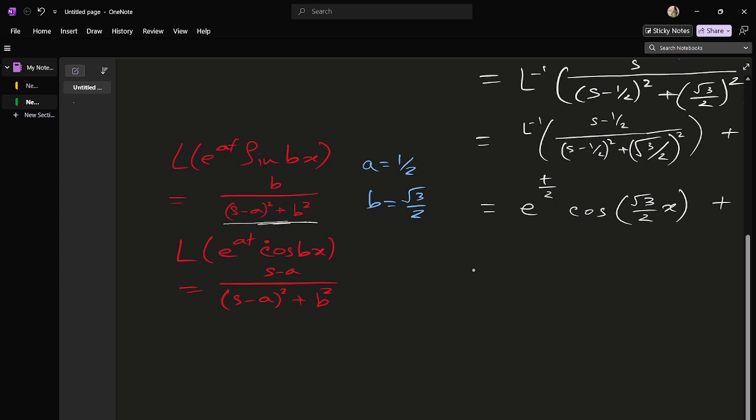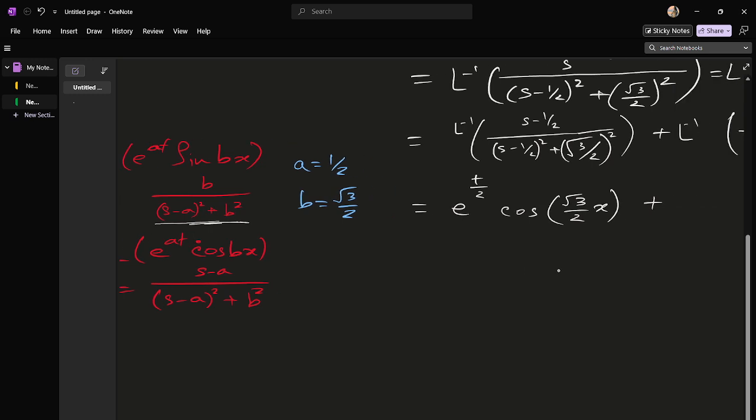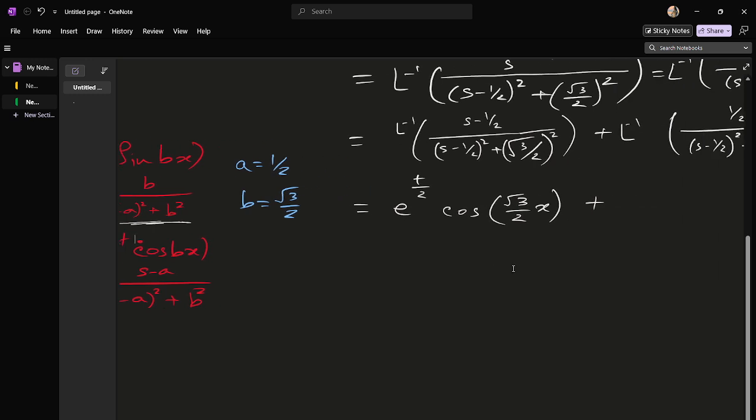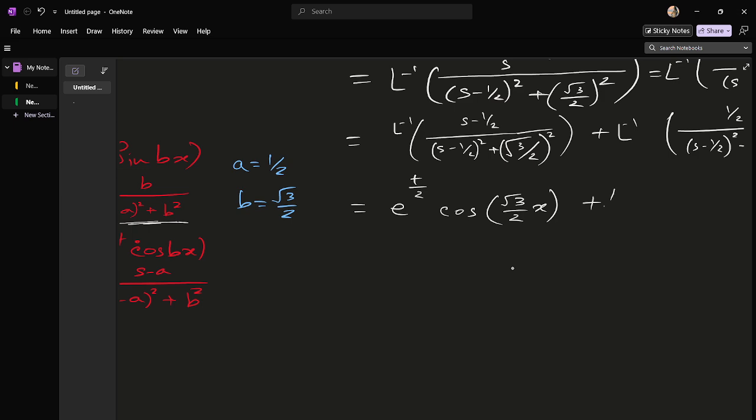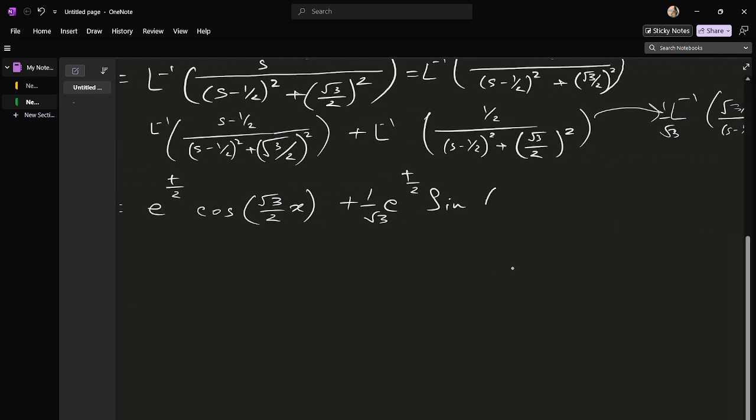Using the formula, we get 1 by root 3 e to the power t by 2 times sine of root 3 t by 2.